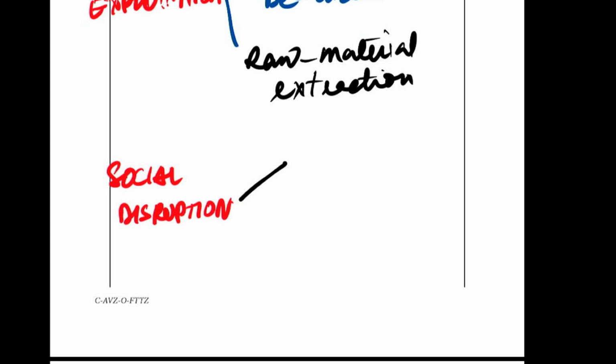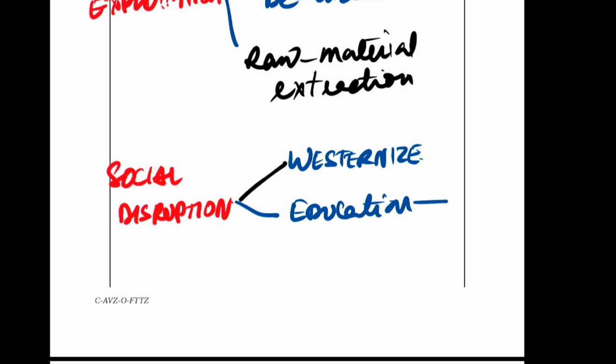Socially they tried to modernize us on their lines, that is, westernize. They tried to westernize us, and they imposed this English education, and this gave rise to a new middle class. New middle class is an economic way of looking at it, but there's also a new intelligentsia, I would say.